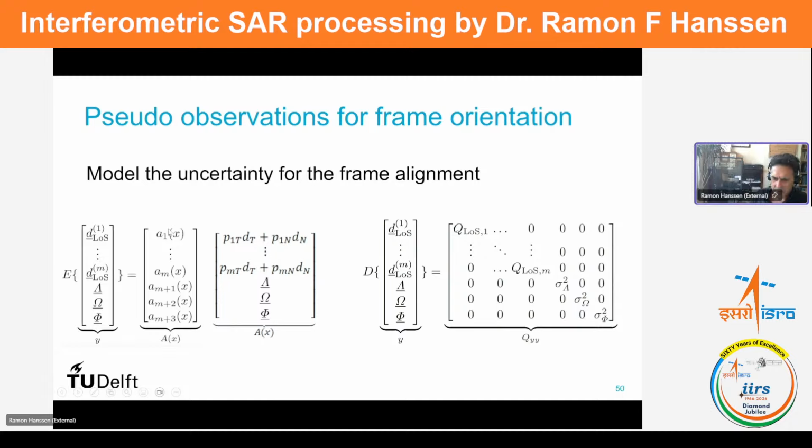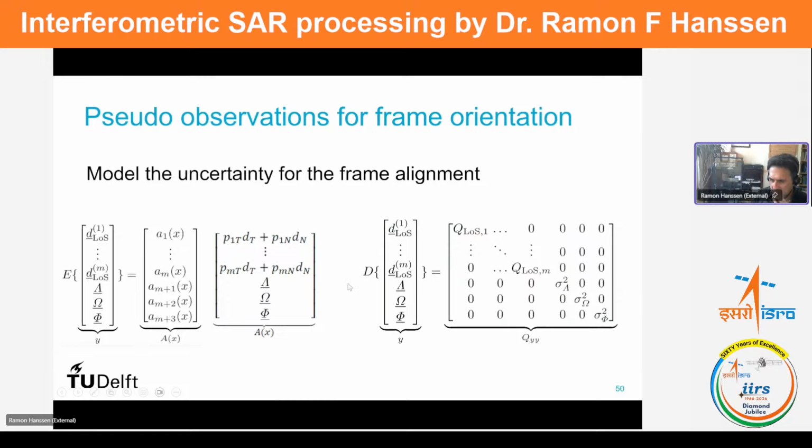So basically we have the transversal and the normal components over here, and the lower part of this set of equations actually has the orientation of the strap-down coordinate system at every location. And what you see is that what we need are pseudo observations, as we call it. So from the context, we need to have a first approximation of those angles. These are indicated over here. They're also the unknowns that we're trying to estimate.